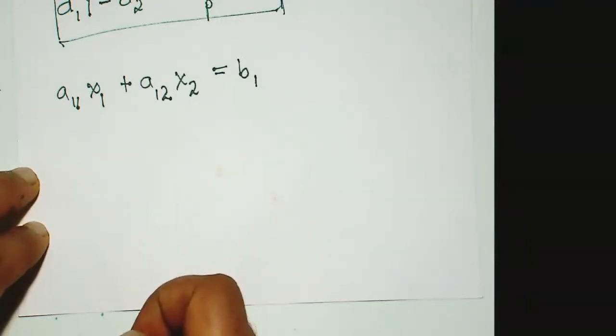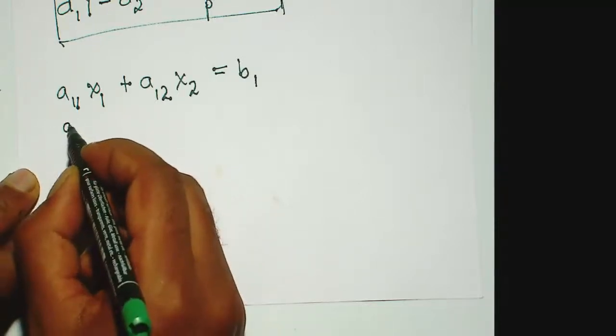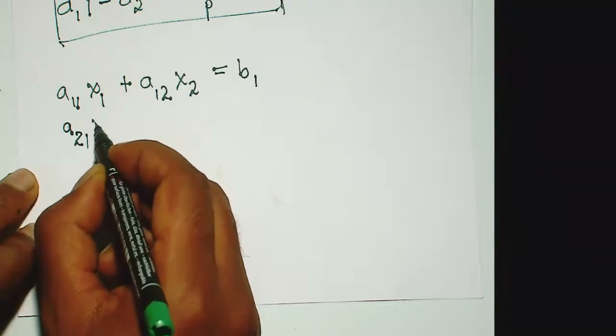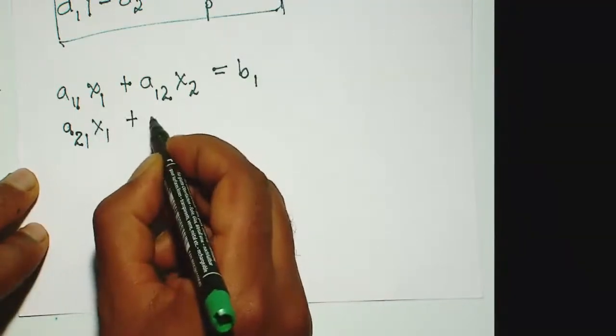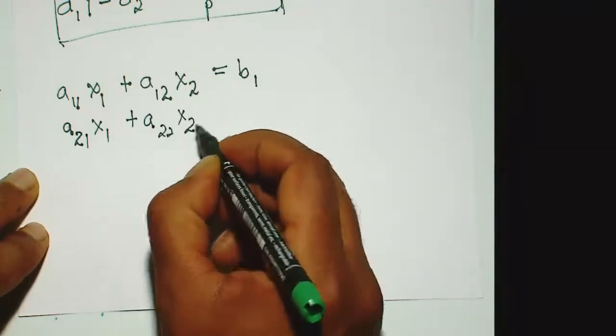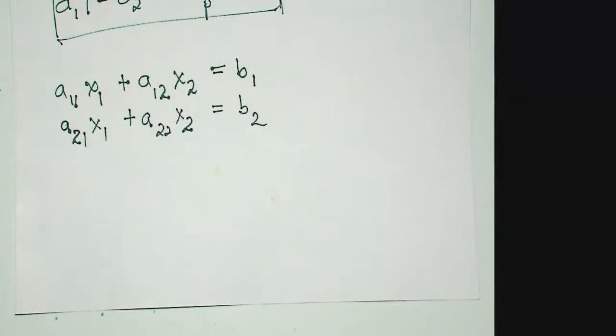So x1 and x2 are our endogenous variables, whereas b1 is the matrix of our exogenous variables. For the second equation, we can also write a21 multiplied by x1 plus a22 multiplied by x2, which would give us b2 in return.